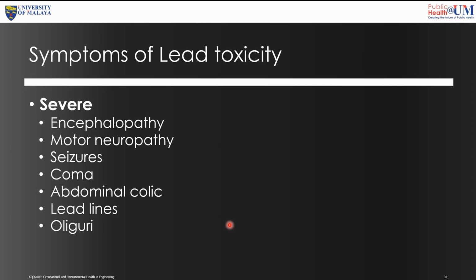Abdominal colic means the worsening of the abdominal pain, where your abdomen becomes colicky, and lead lines around the gums, which you can see. Oliguria is where your kidney fails and there's a decrease in urine formation. So it's basically a sign of kidney failure if you have severe lead toxicity.